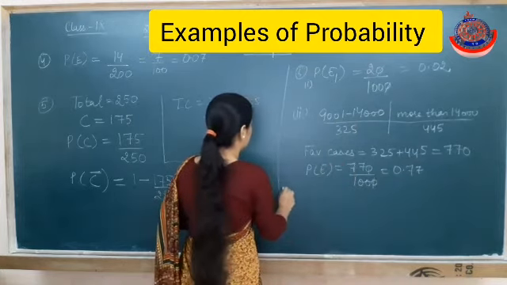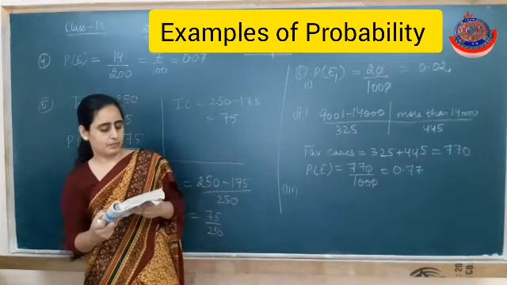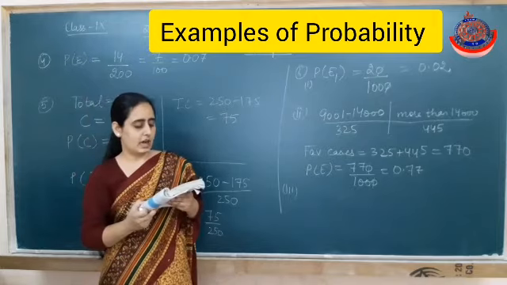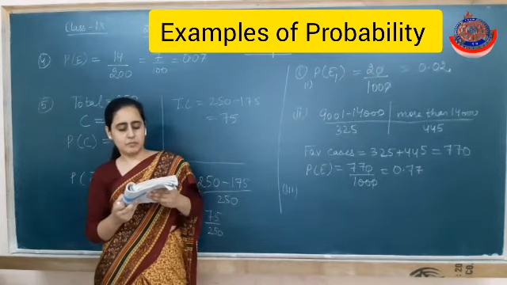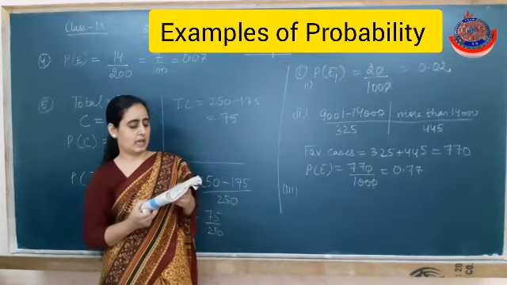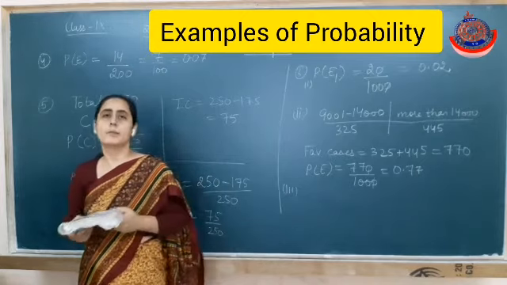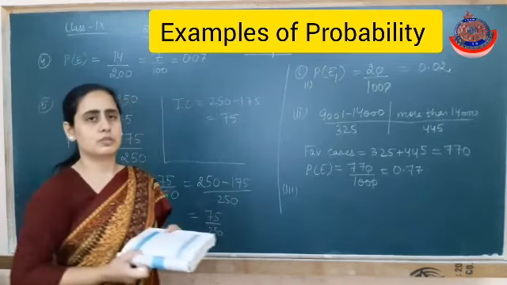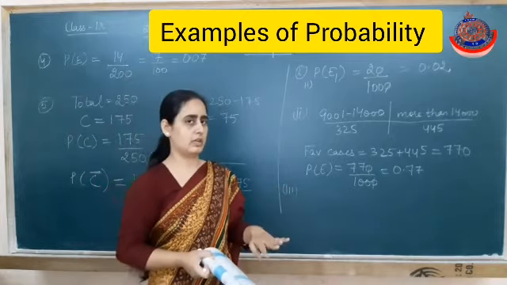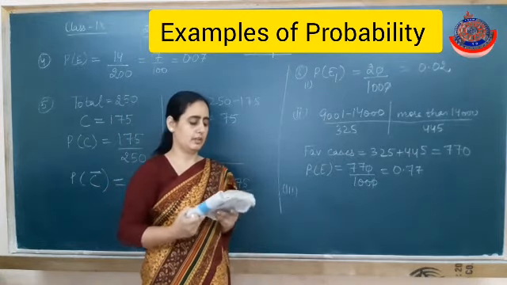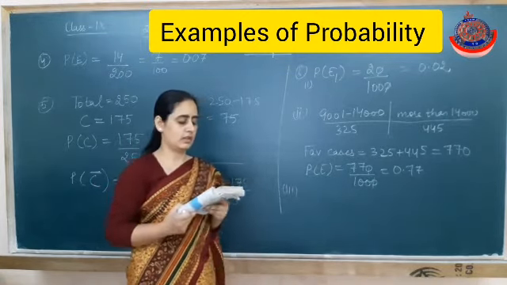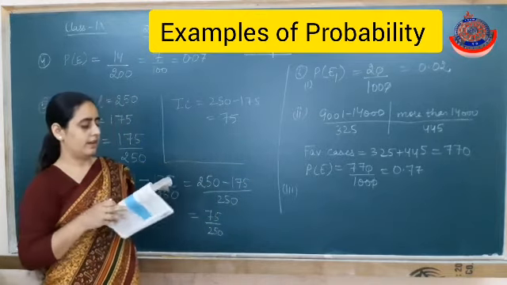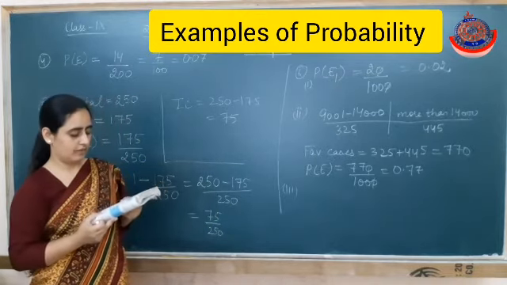Fine. Similarly, the third part says it will need to be replaced after it has covered somewhere between 4000 and 14000. Between 4000 and 14000 means more than 4000 and less than 14000. Now if you see, more than 4000 are 210 plus 325.